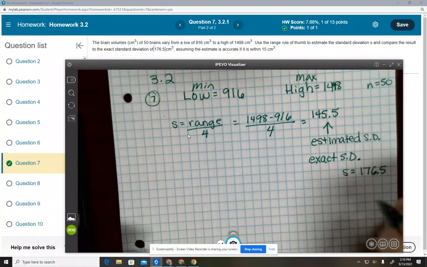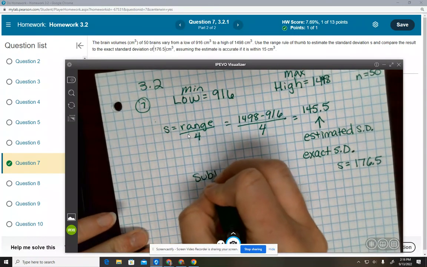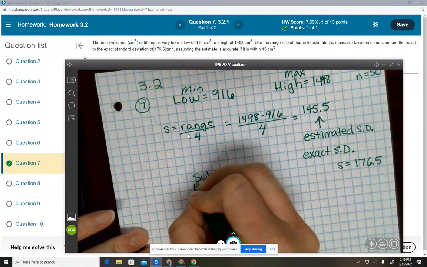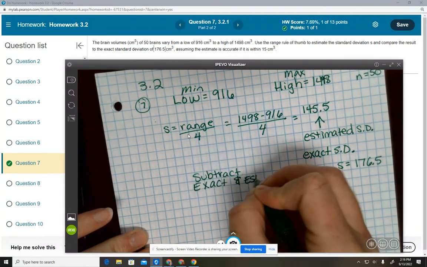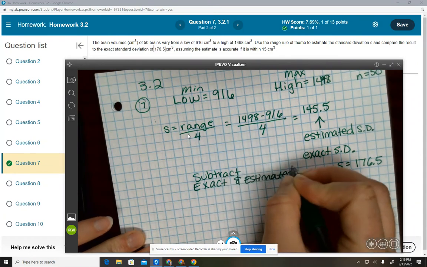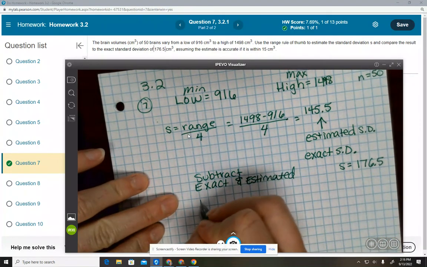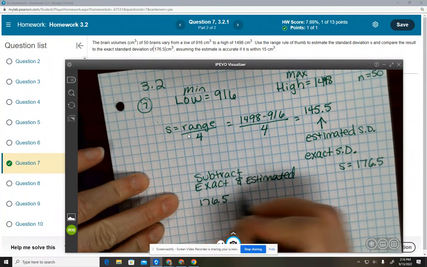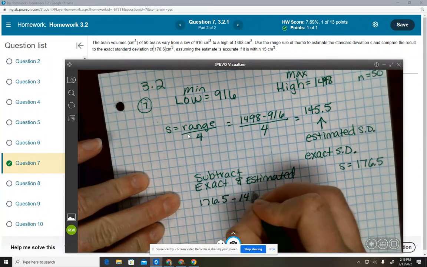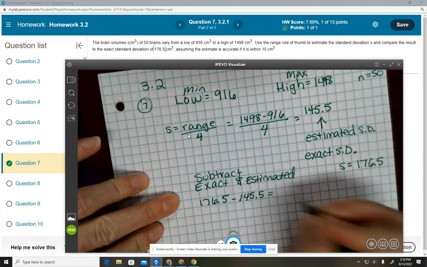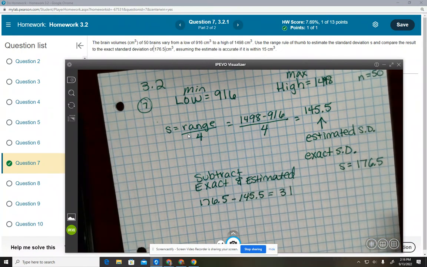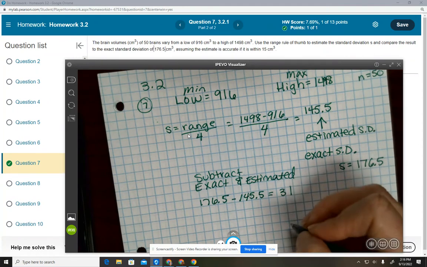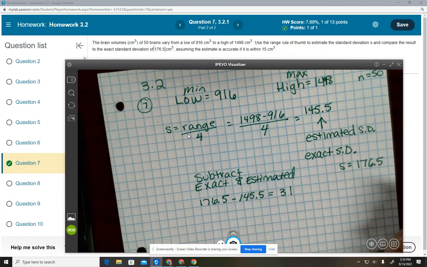So to compare them, we're going to subtract. It doesn't matter which order you do. I'm doing it like this so that I get a positive, but honestly, it doesn't matter. But that does come out to be 31. So that is how far apart they are, that's how they compare.